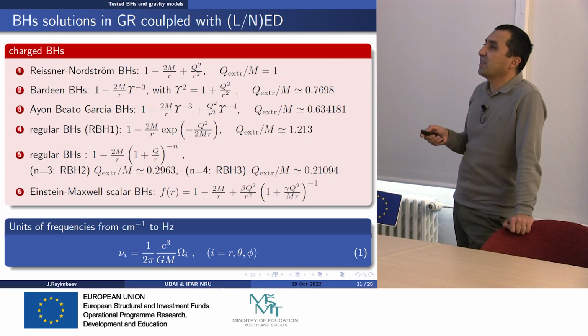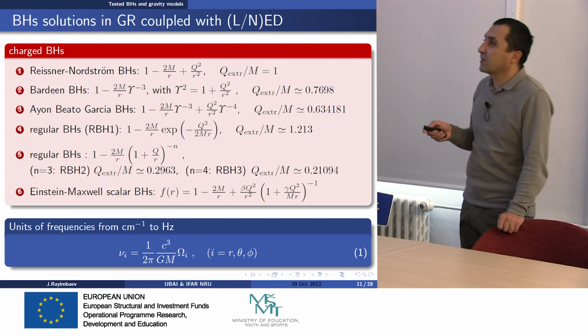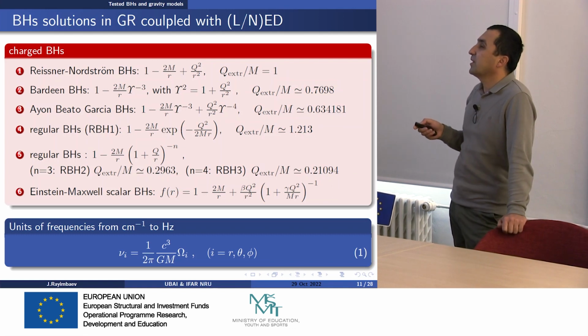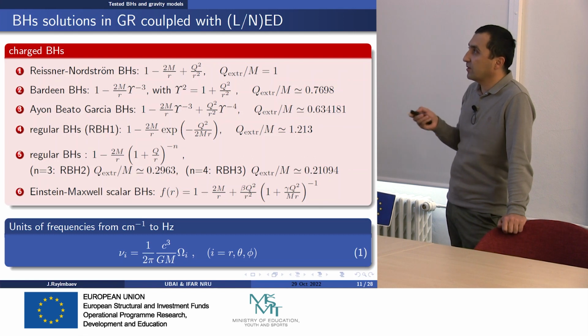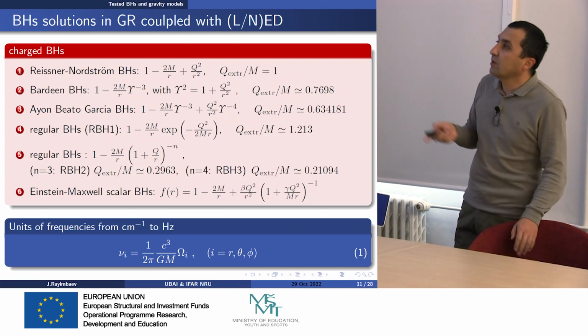If the nonlinearity degree is 3, we call this the RBH2 model, and the RBH4 model is for n equal to 4. And these charged black holes have upper limits, extreme values, and the charge cannot exceed this value.